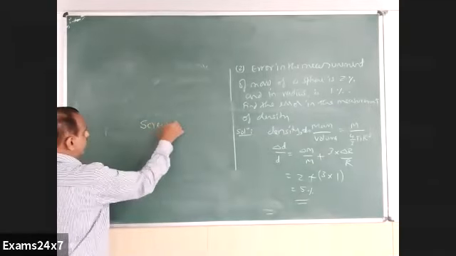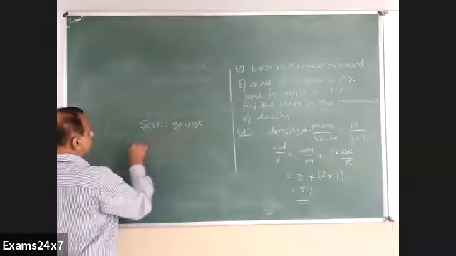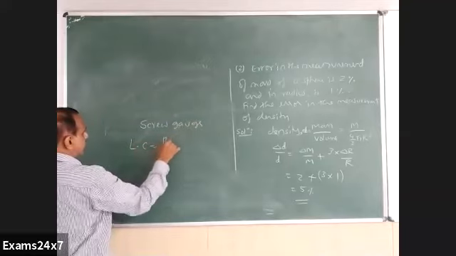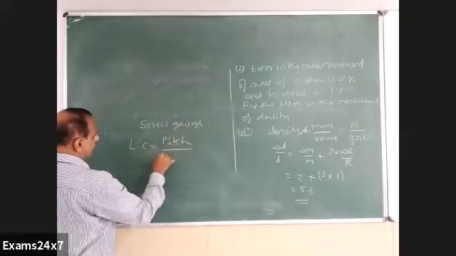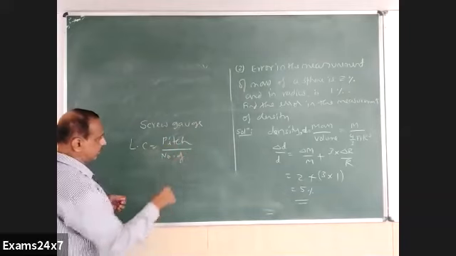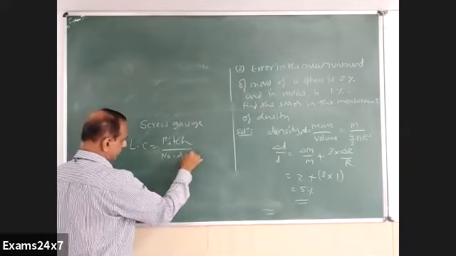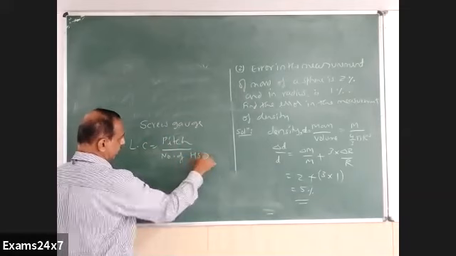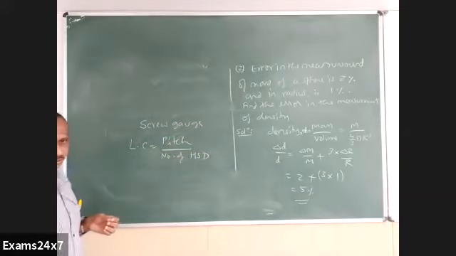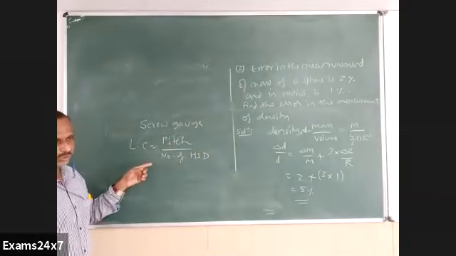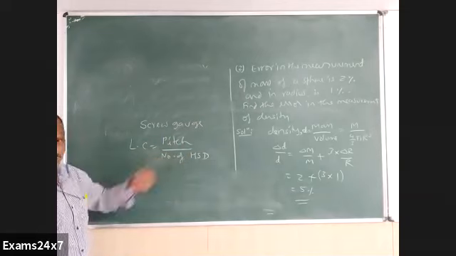So what is the least count of screw gauge? Least count is given by pitch divided by the total number of head scale divisions, on a circular scale or head scale.